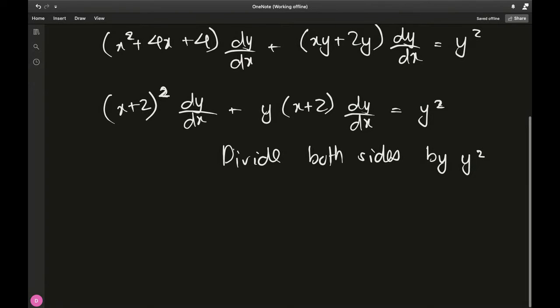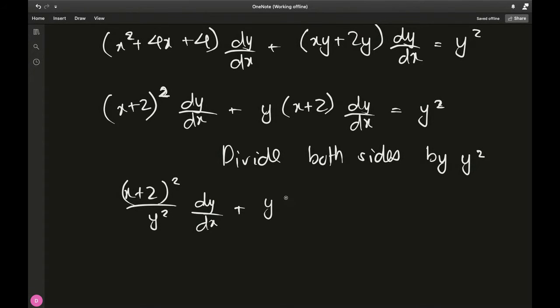So when I do that, I have x plus 2 whole thing squared divided by y squared, dy over dx, plus y times x plus 2 over y squared, dy over dx, being equal to y squared over y squared, which is 1.